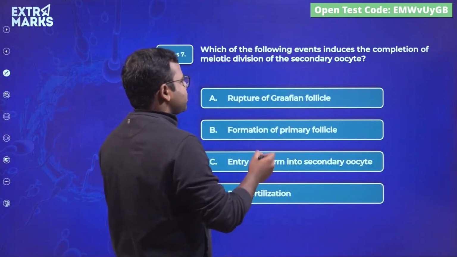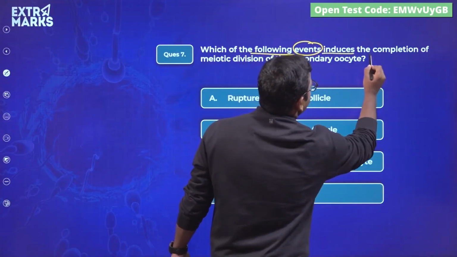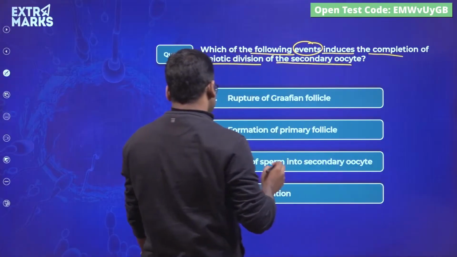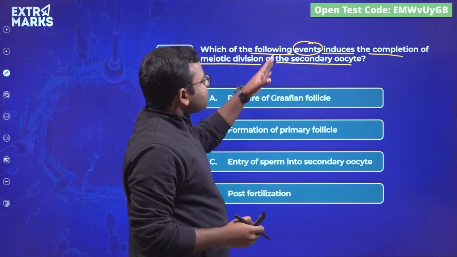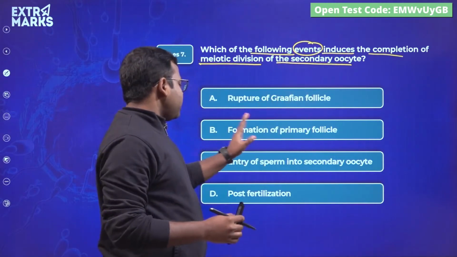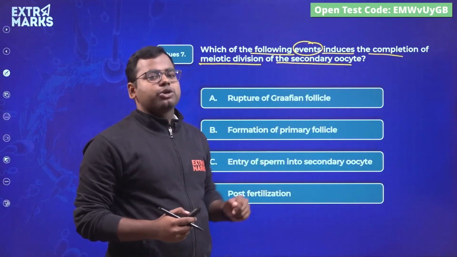From the topic gametogenesis, question is, which of the following events induces the completion of meiotic division of the secondary oocyte? Now, when the completion of meiotic division is going to happen of secondary oocyte? Only when the sperm enters into the secondary oocyte, then it is going to be completed.